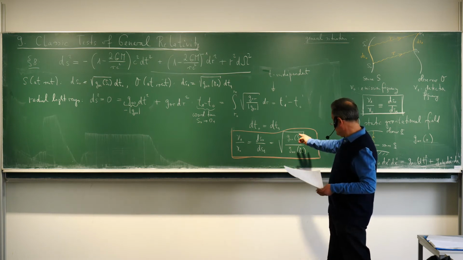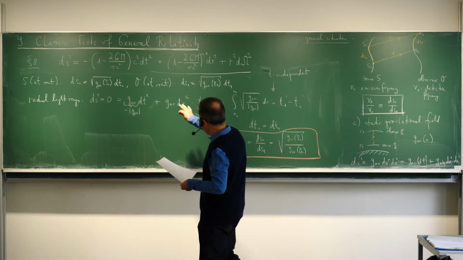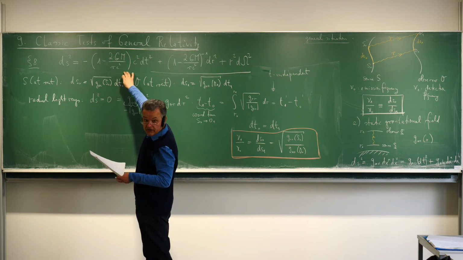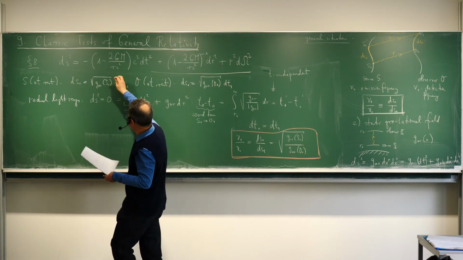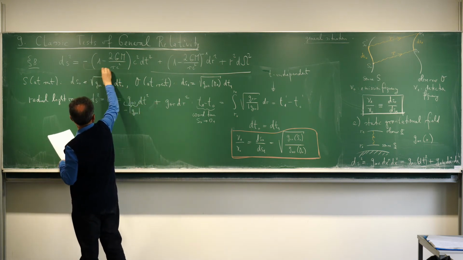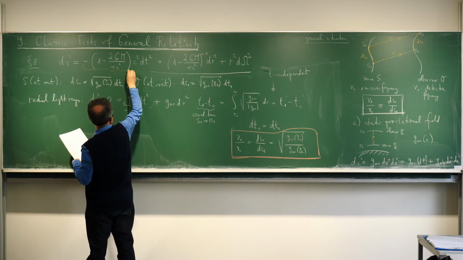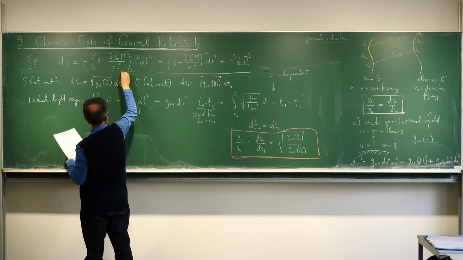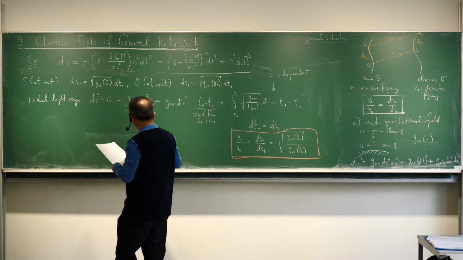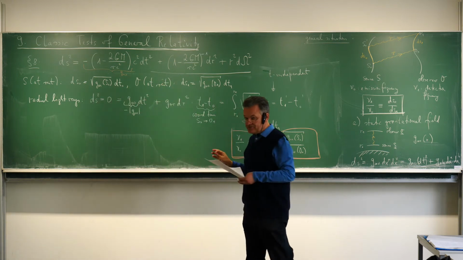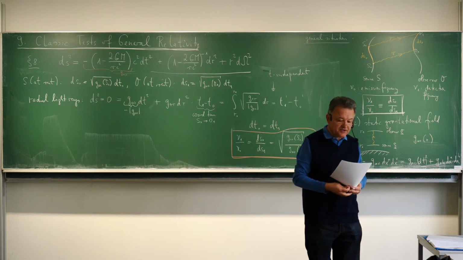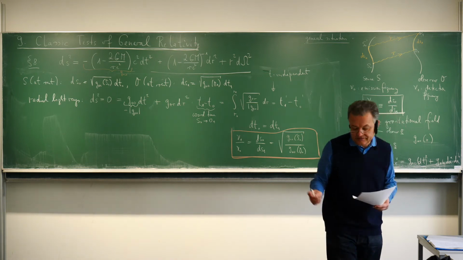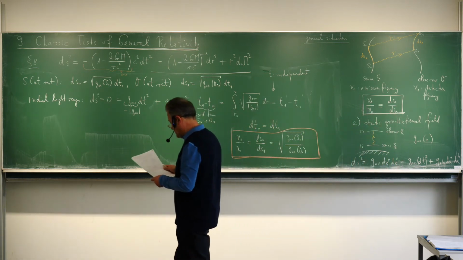And let us now introduce the expression from the Schwarzschild metric, which is here. So this is the g00. And let me now again take into account the speed of light, so that we see in the result that we get back the old ones.